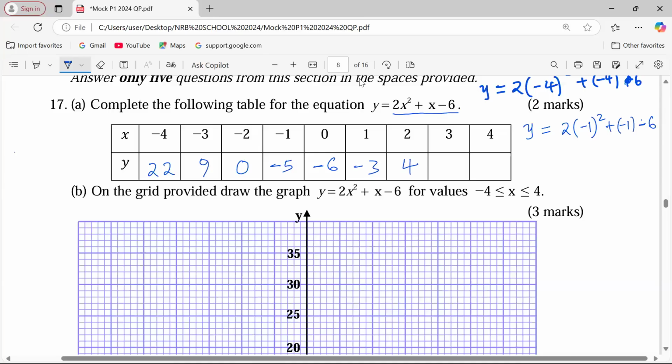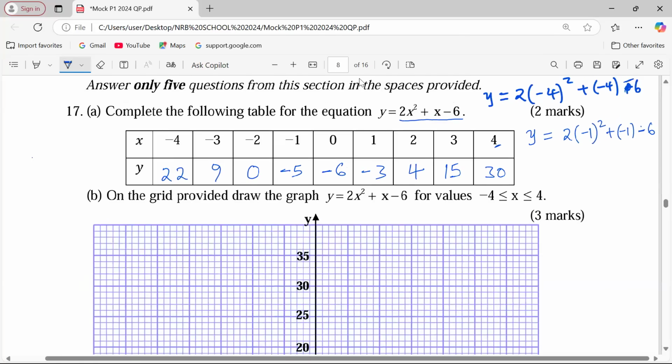At x equals 3, y is 15. Finally, when x is 4, the value of y shall be exactly 30. With the table that way, you already have 2 marks.